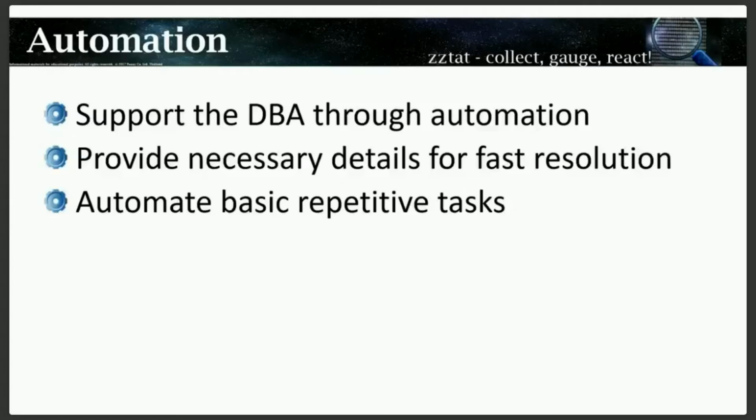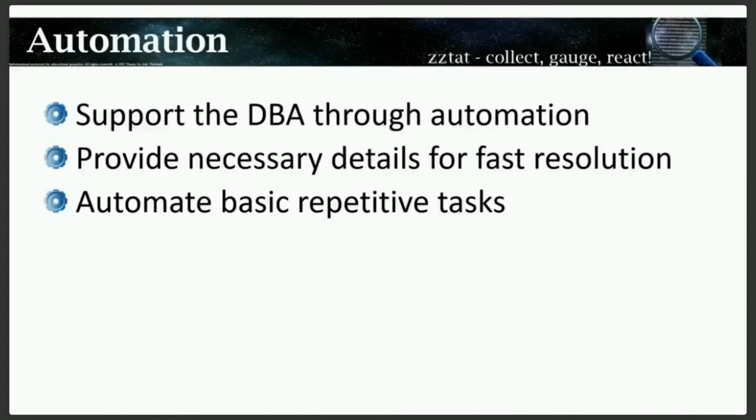through the use of automation, we aim to provide more information to the DBA. For example, if you're getting an alert from your traditional monitoring tool, the tool is going to tell you, we have blocking sessions on database DB72, and that's that.